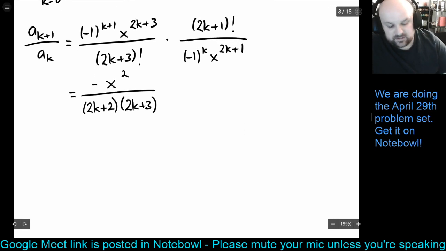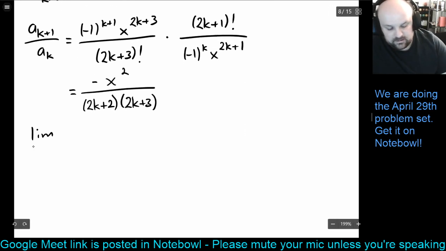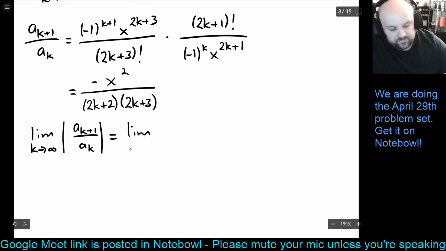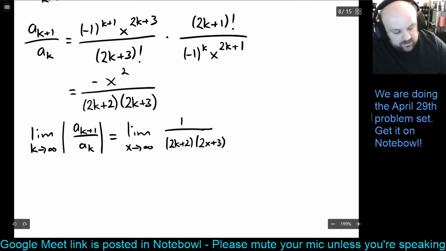Okay. So let's go ahead and take our limit here. We're going to get the limit as x goes to infinity of 1 over 2k plus 2, 2k plus 3, absolute value of x squared.